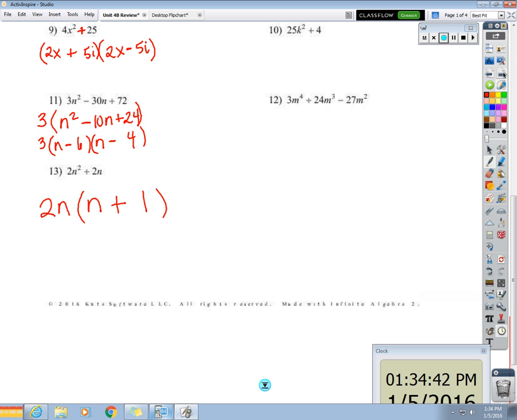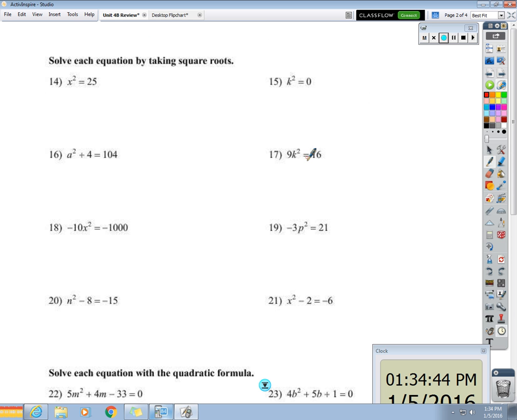Okay, now turn to the back. Solve each equation by taking square roots. Okay, number 14. x squared equals 25. Anytime you have an x and they say solve, they want you to get the x by itself. Well, what is currently keeping that x from being by itself? The little 2, the square. How do you get rid of a power of 2?